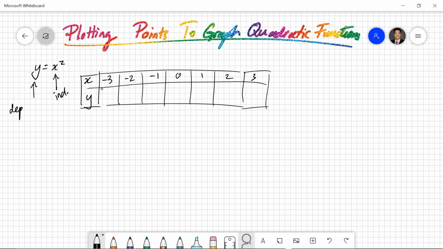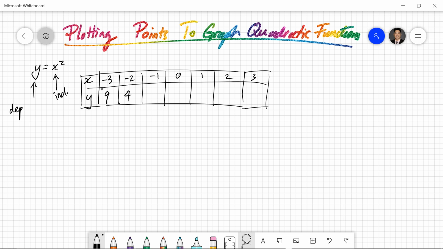All right, so what we have as a table, we're going to determine what the y value is, or the coordinates for the y value, when we substitute each of these x values into our equation here. If x is -3, squaring that makes it 9. If -2 is substituted into x, then we'll have 4.